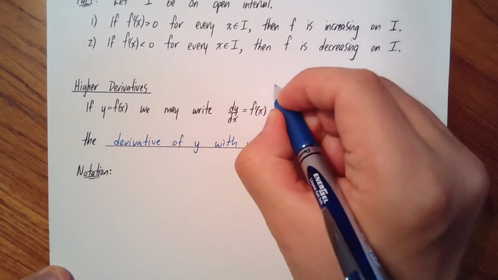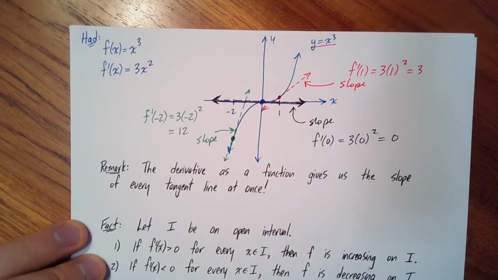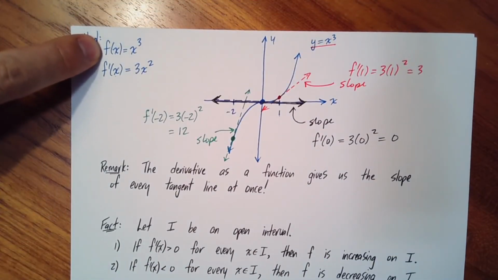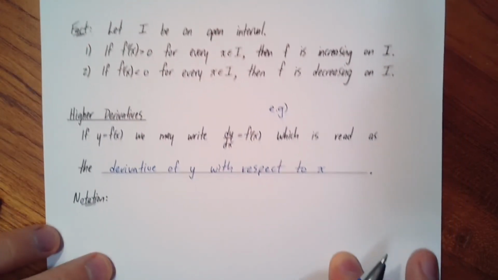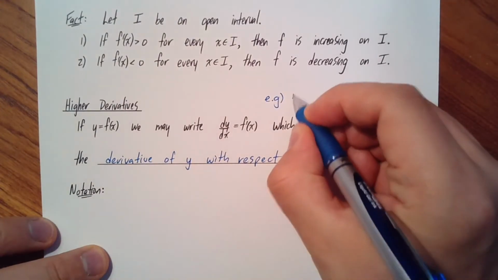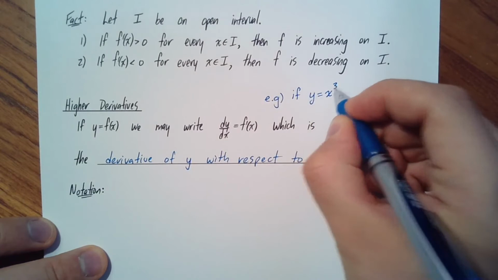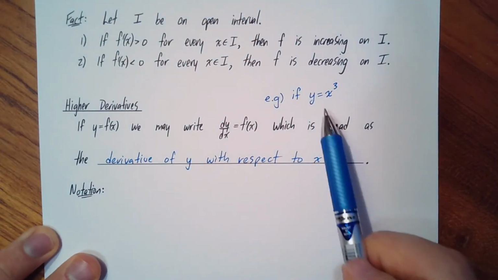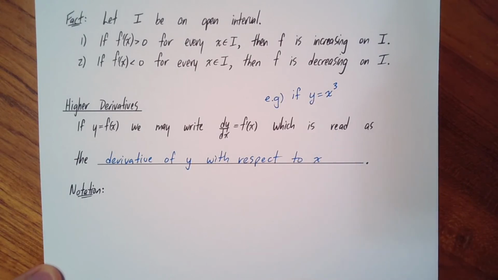For example, let's look at an example. Remember in the previous example we had f of x is equal to x cubed, and f prime of x was equal to 3x squared. Well, if we had written the function x cubed differently, not in functional notation, but just as y as a function of x, like y is equal to x cubed, it's the same function, just written differently.